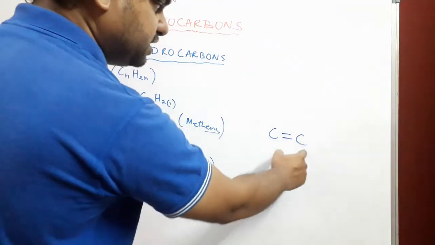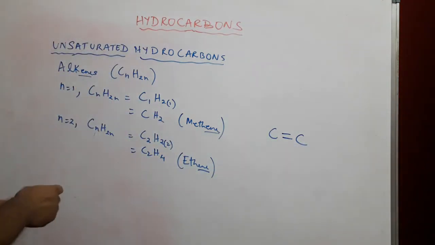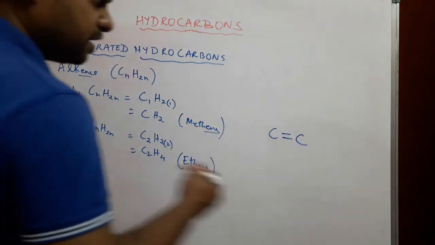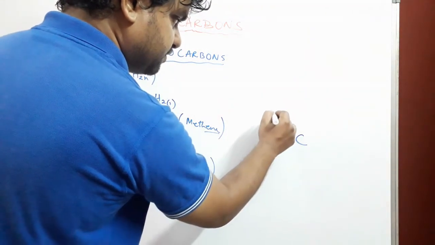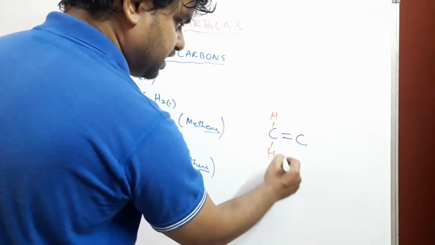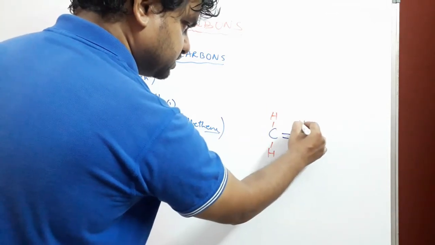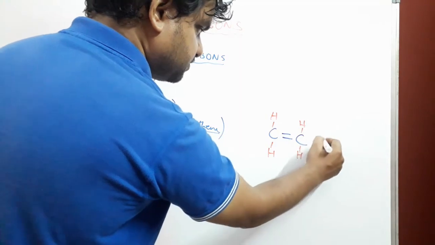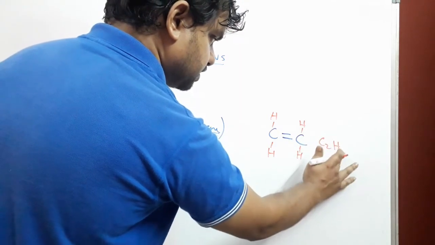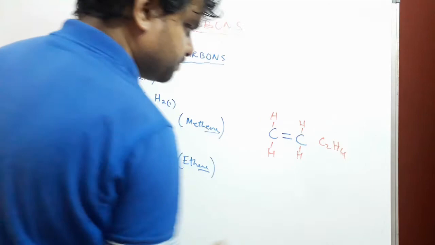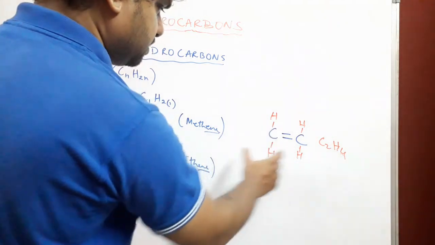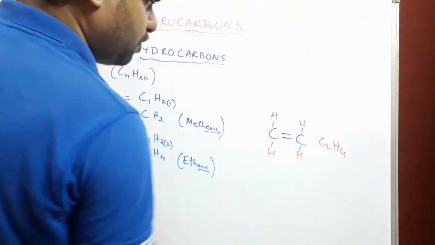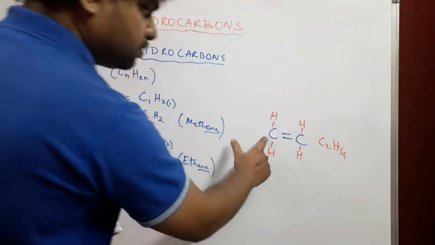So we have only 2 electrons left, so we can write them over here, and they will combine with single hydrogen atoms on both ends like this, and this will be your C2H4.